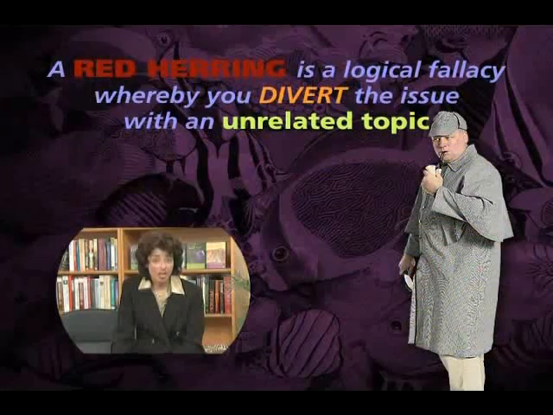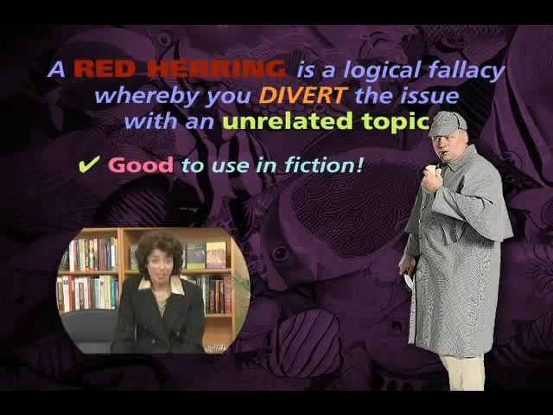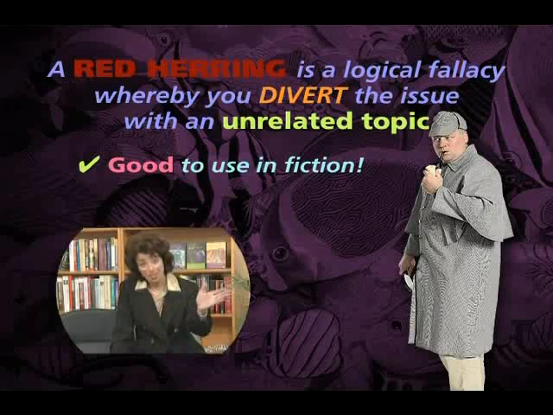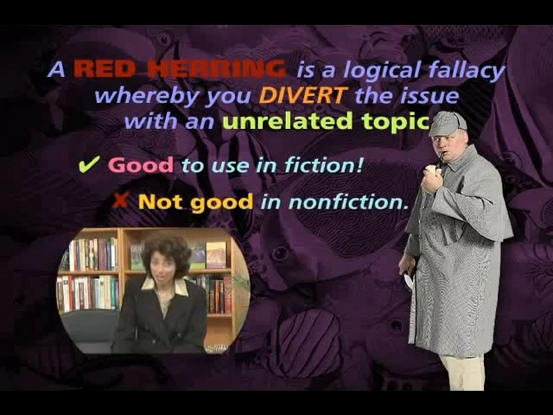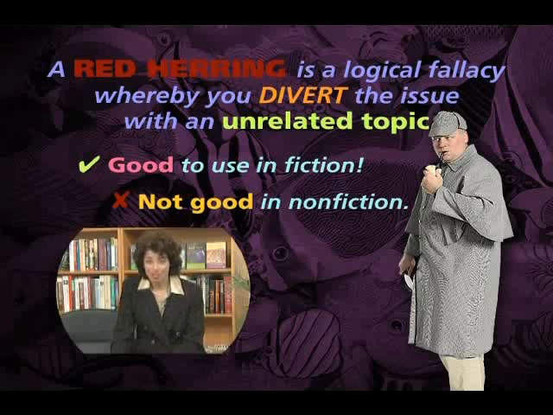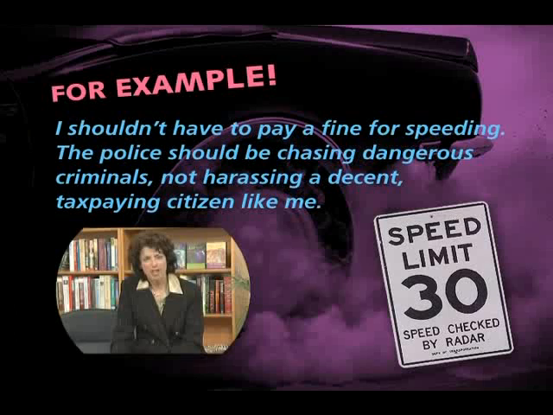A red herring is a logical fallacy whereby you divert the issue with an unrelated topic. Now, red herrings are very good to use in fiction, especially in detective stories, because they help create suspense by leading you off the main idea and into an unrelated path. So they're really good in fiction, but they're not good in nonfiction. For example, I shouldn't have to pay a fine for speeding.